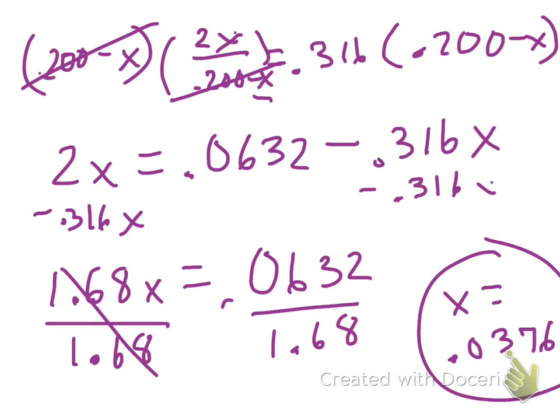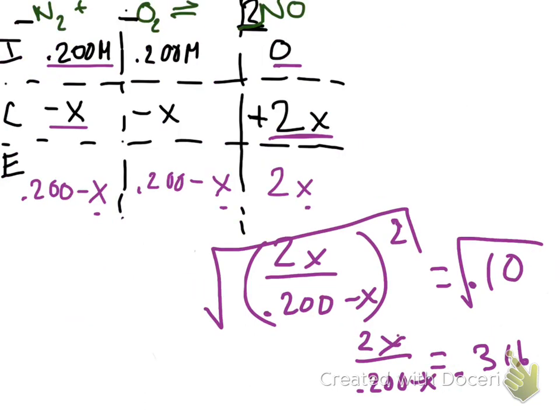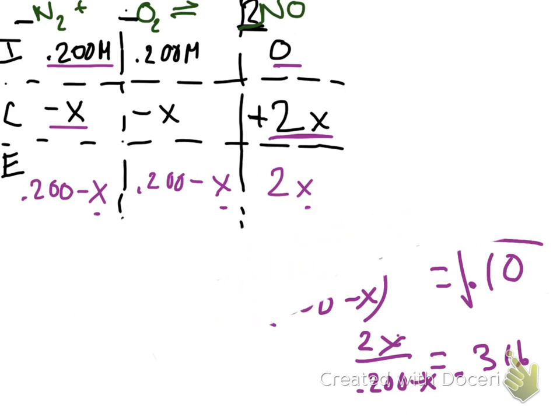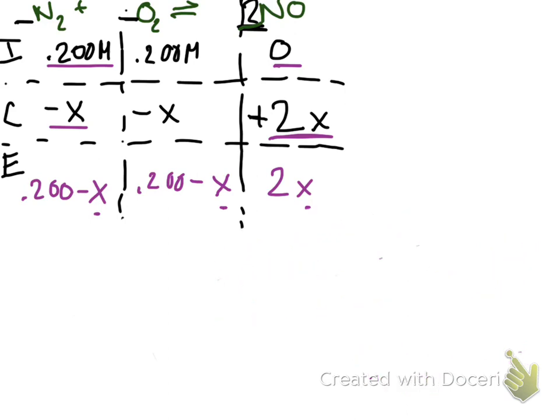So now we are almost done. We go back to our ICE table and we say, okay, well, the concentration for N2 at equilibrium is 0.200 minus x. Well, x equals 0.0376.